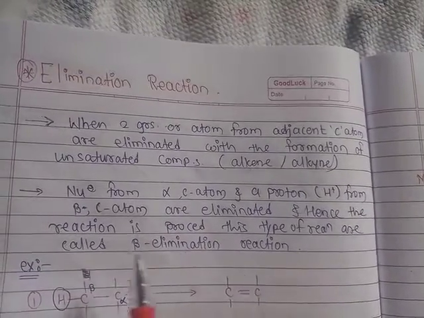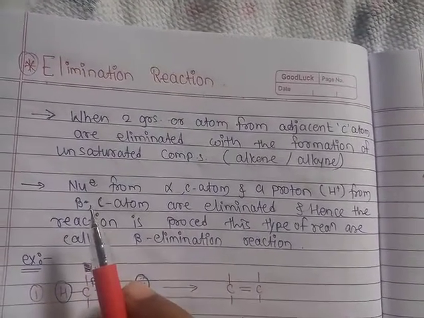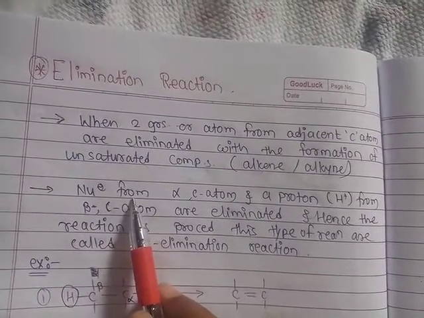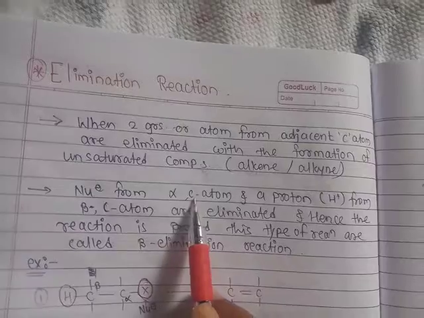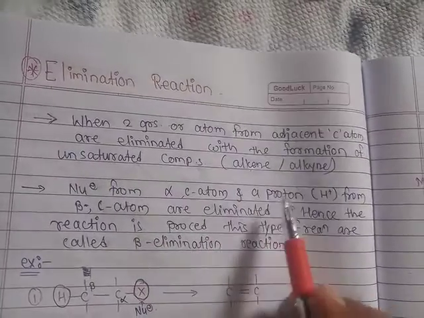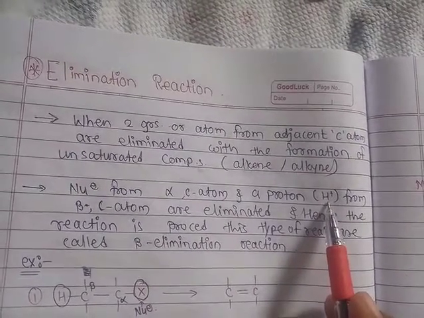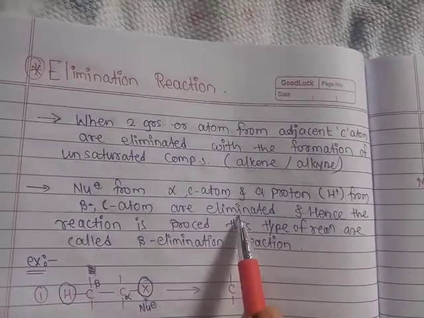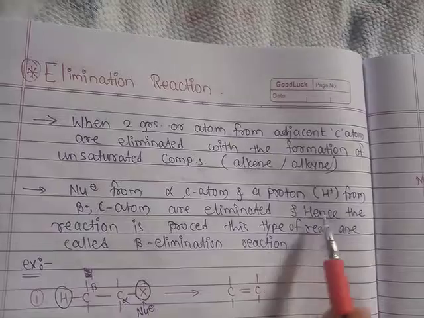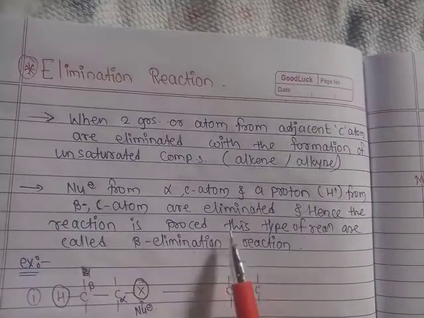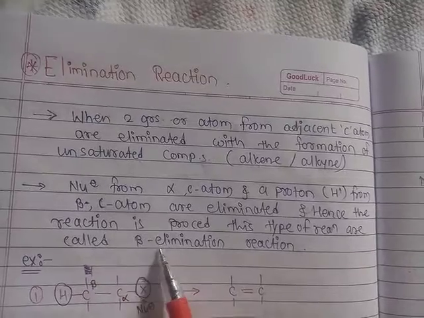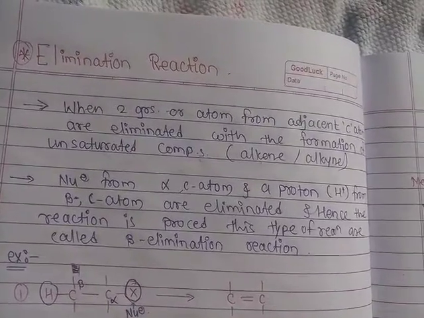The other definition is when a nucleophile from the alpha carbon atom and a proton, that is H plus, from the beta carbon atom are eliminated and hence the reaction proceeds. This type of reaction is called beta elimination.